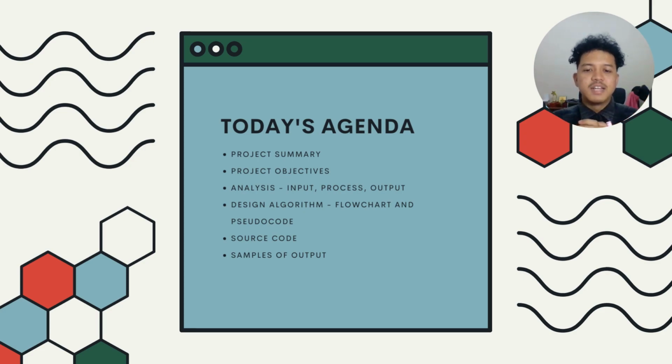Third is analysis, which will be covered in 3 elements: input, process, and output of our program. The next one is the design algorithm, where we will interpret our program into flowchart and pseudocode version. And we will present to you our source code and samples of output.